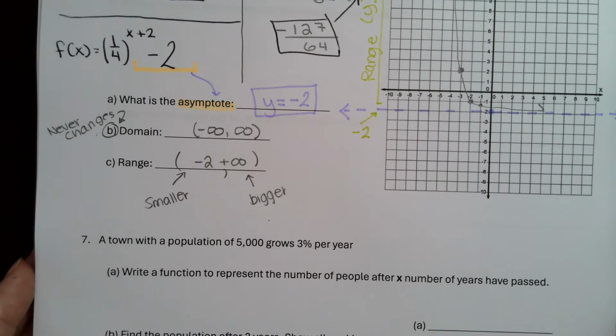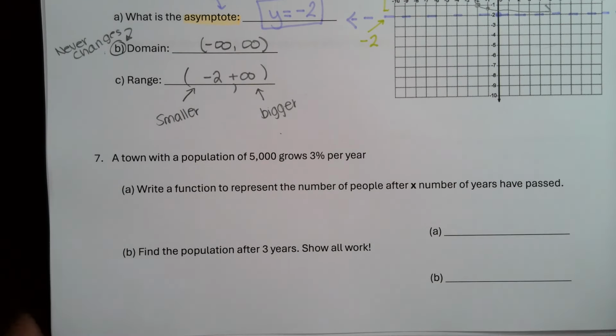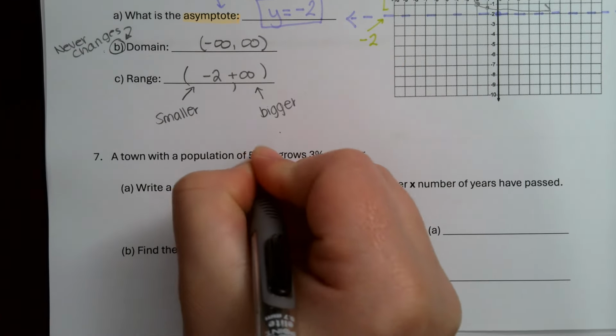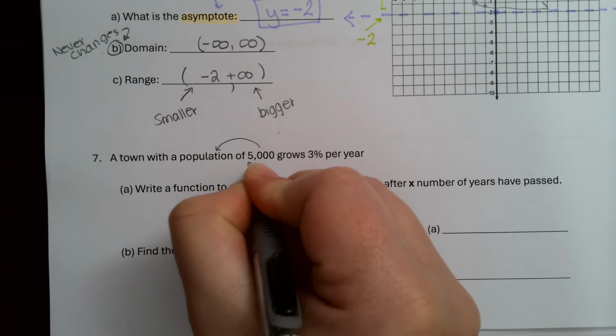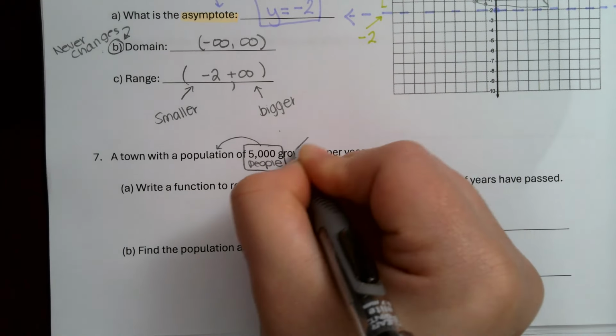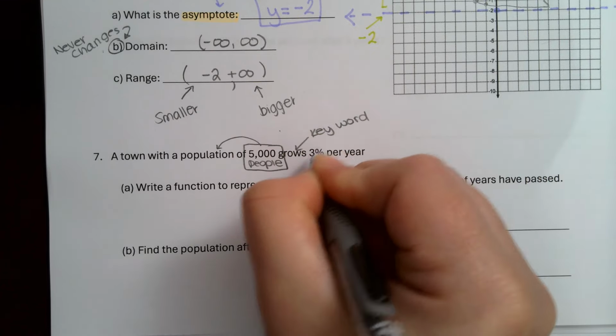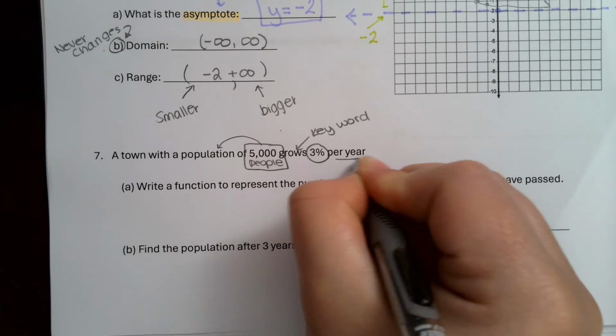Okay, moving on. We have a town with a population of 5,000. So population is people. "Grows" is our keyword, 3% per year.